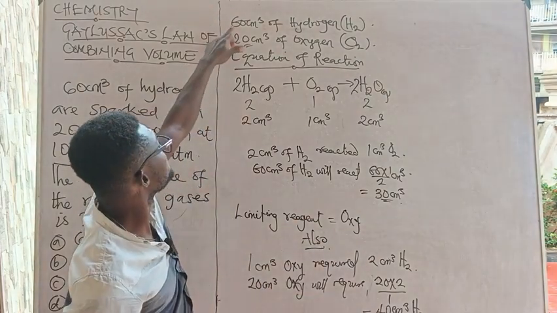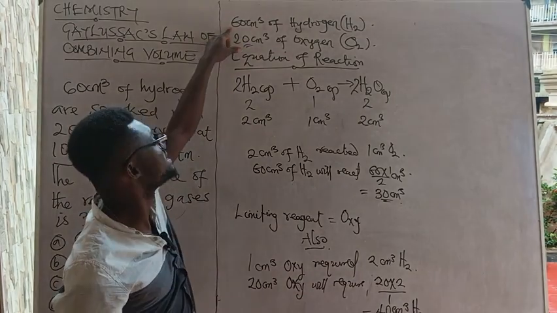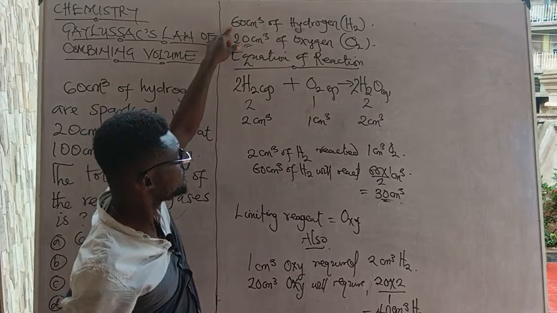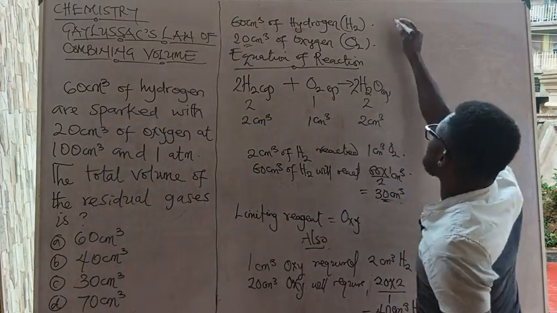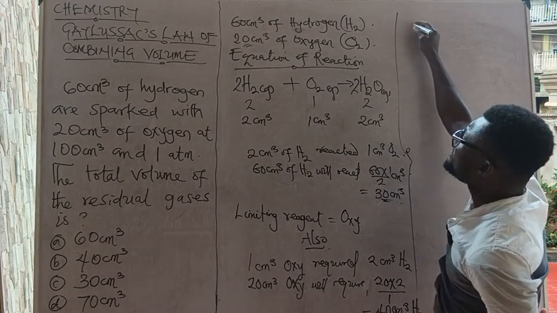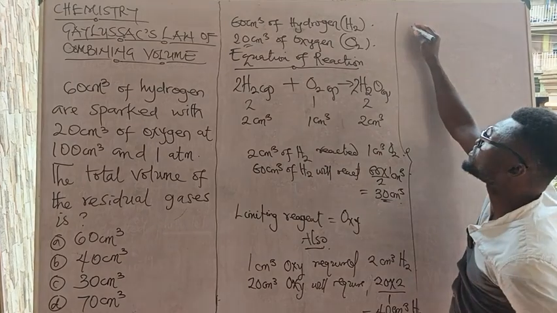But we have 60 cm cube given to us, which means the hydrogen is in excess by a volume of 20 cm cube. So 60 cm cube of hydrogen was given, but the one that will take part is 40 cm cube.